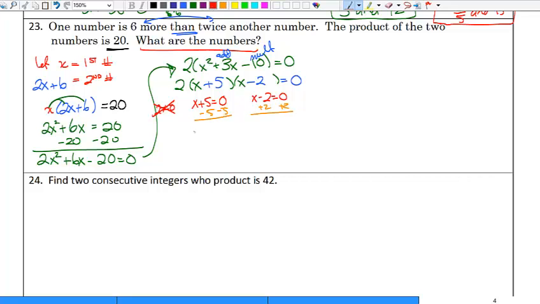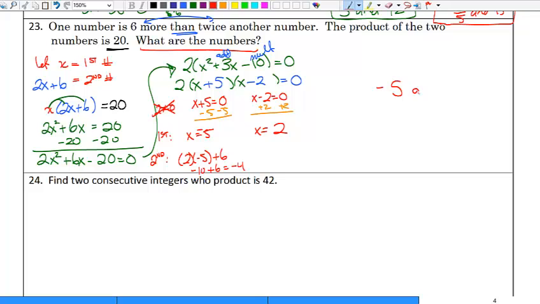So the two solutions I'm getting here are x equals negative 5 and x equals positive 2. Again, those are just first numbers, right? I still need to figure out what the second number is. In order to get the second number, I'm going to take my first number, which in the first case is negative 5, multiply it by 2, so 2 times negative 5, more 6, so that's negative 10 plus 6, or negative 4.